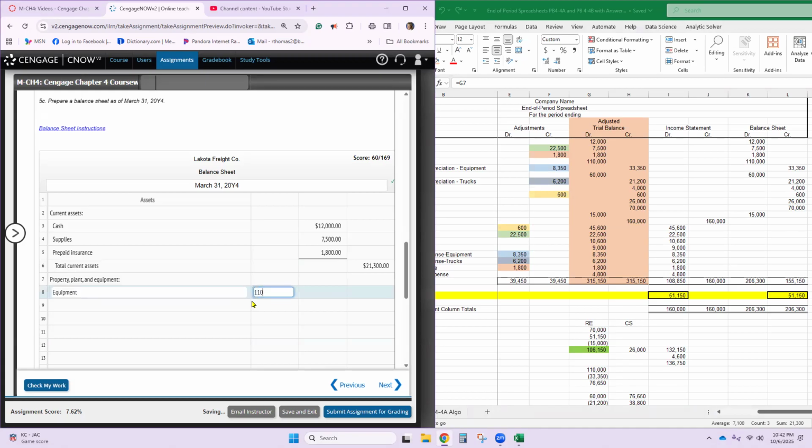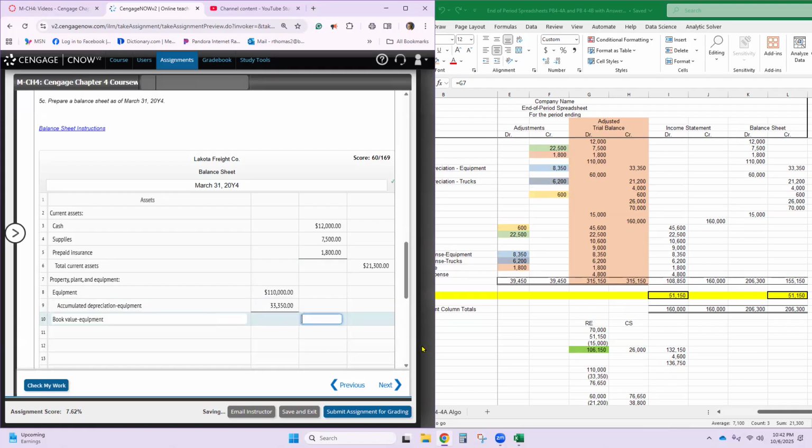Equipment is 110,000, and it has accumulated depreciation that goes with it. We're going to put that in as a negative, and they're showing 33,350. Now we want book value equipment.